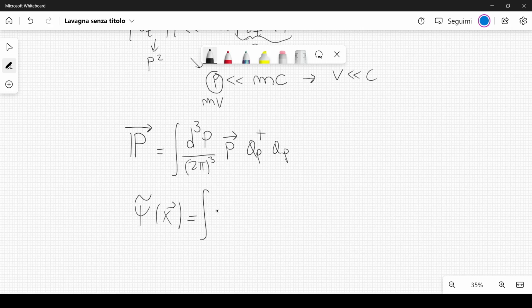So I have integration d3p divided by 2 pi cubed ap e to the i p dot x, dot product in this case. So psi tilde dagger, when I'm considering operators because I'm turning these objects into operators, here I would have the dagger, and here I would have a minus.